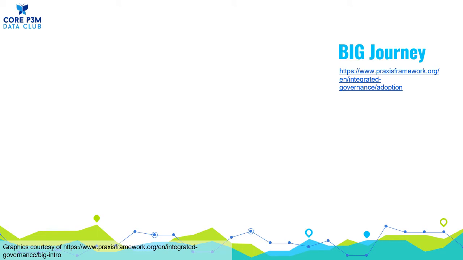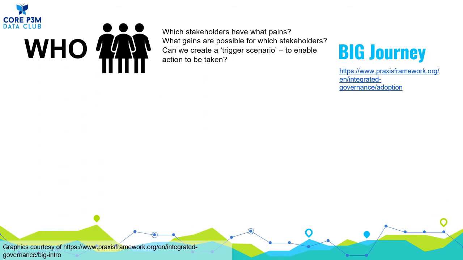So I think it's important to pull those two concepts together and just to reinforce that before we start working on a BIG solution, we need to understand which stakeholders we have, what gains are possible for which stakeholders, and to help them understand what their trigger scenario is, what's going to drive them to take some action.